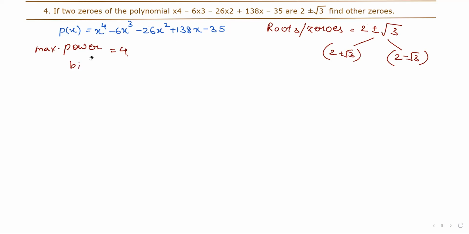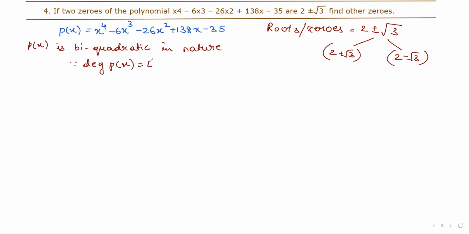You can write p of x is biquadratic in nature, since degree of p of x is equal to 4. Maximum power of x is 4 in the equation in any of the terms. Therefore, p of x will have 4 zeros.